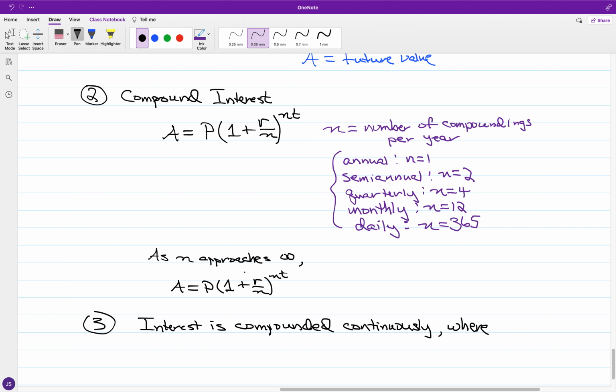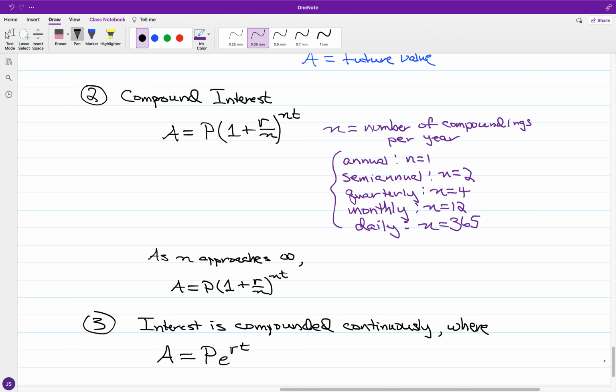The changeover in the formula, with n approaching infinity, is that A is equal to P, and the whole parenthetical expression to the n times t is condensed to e to the r times t.